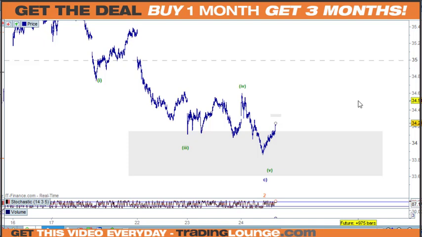I mean, it should equal each other. It should, from this point here, obviously if it hits these old highs here, it's going to find resistance there, isn't it? So let's just imagine that it gets to there. It's going to have some sort of pullback at that point, isn't it? So this is kind of what I'm talking about.